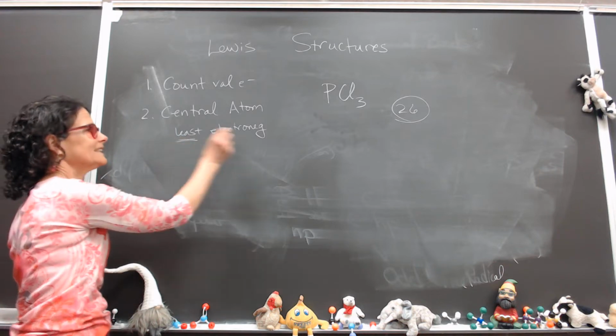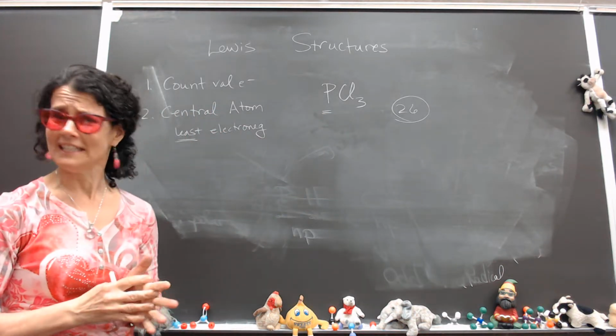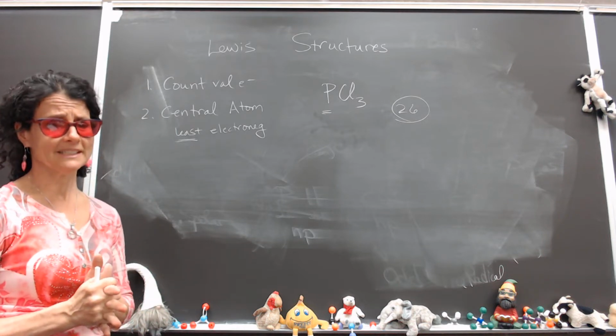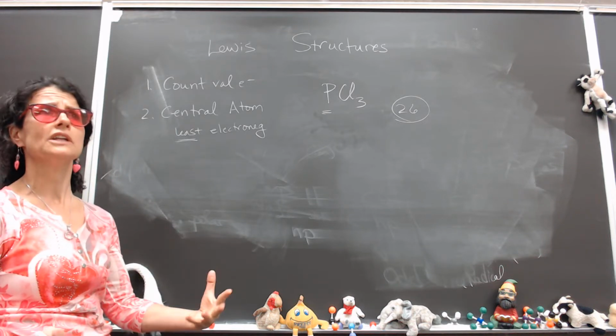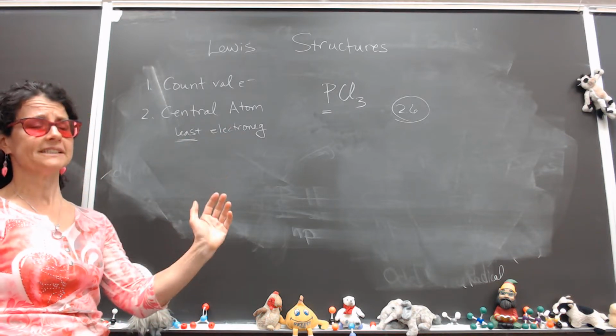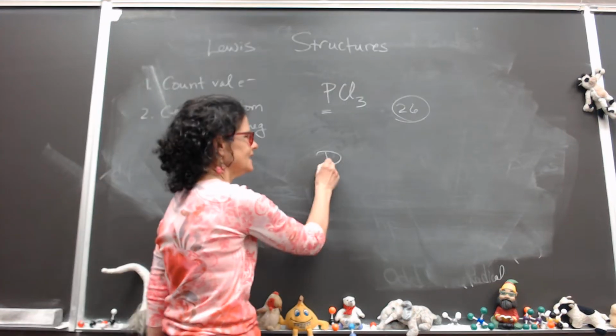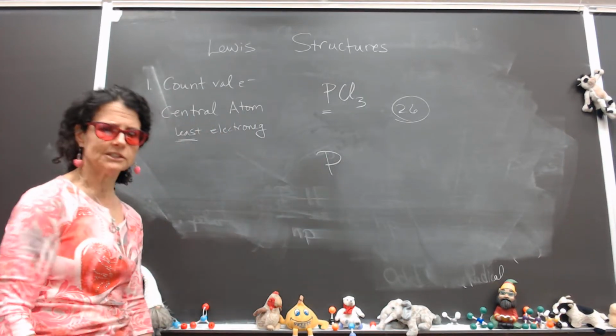We want the least electronegative. It is typically the first element written in the compound, but not always. A question a lot of you ask is why things are written in the order they are, and it is typically from least electronegative to most electronegative. It's not always true, but it is an answer to that question. So phosphorus is our center.